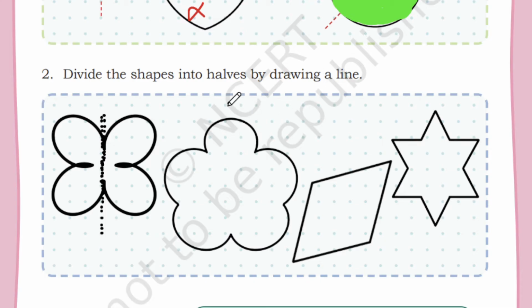Okay, next one, this one. Exactly, you have to do it in the middle, okay? Okay, next this one. Okay, next this one.